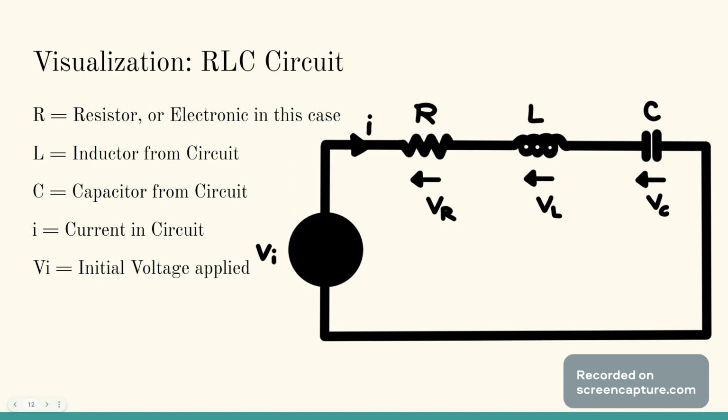And here is a visualization of an RLC circuit where R, the resistor, in a real life example, would be an electronic or piece of technology within the circuit, such as a light bulb or even a phone charger.